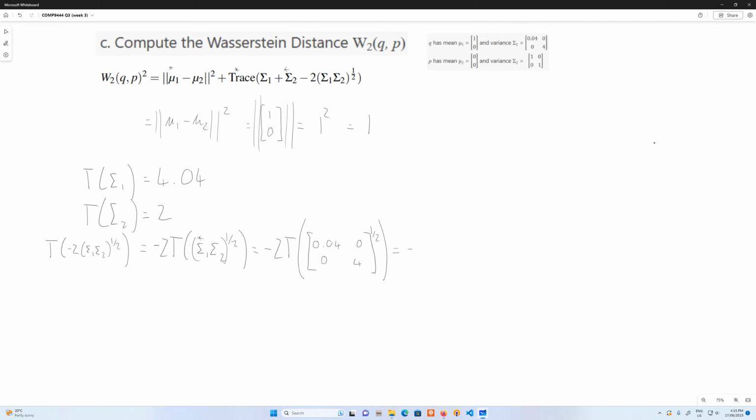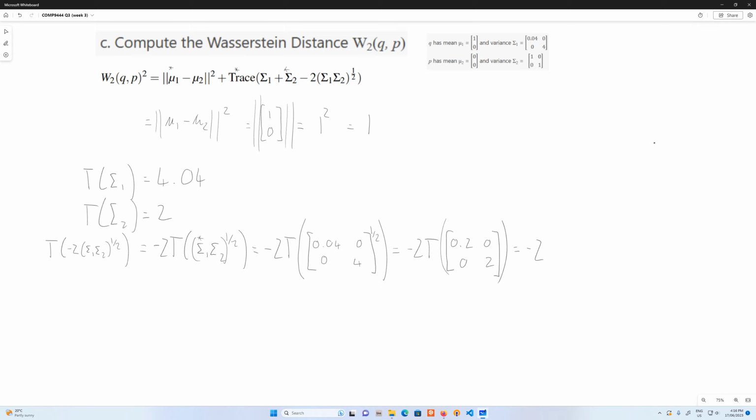So let's get rid of that power in the next step. So the square root of 0.04 is 0.2. Square root of 4 is 2. So this part of the formula reduces down to -2 times the trace of this matrix in here.